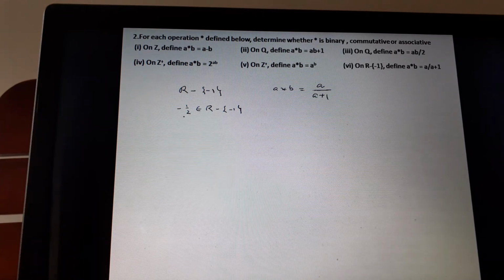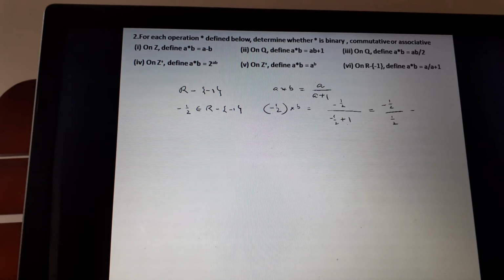Now you check, take A equal to minus half, star anything, because it is not depending on B, you can take anything as B. By definition it is minus half divided by minus half plus 1, which is plus half.